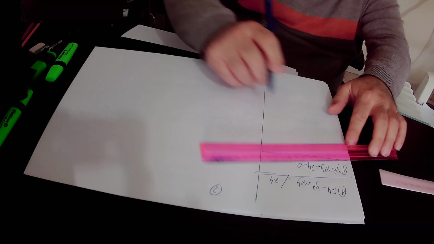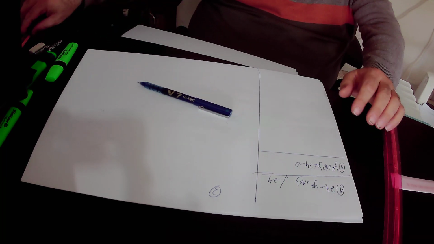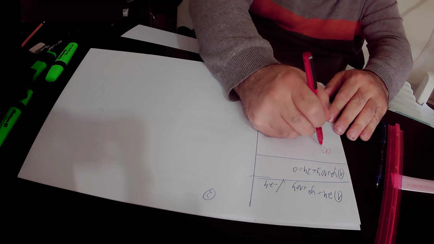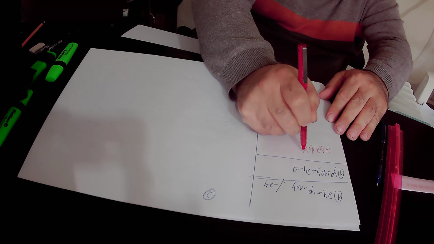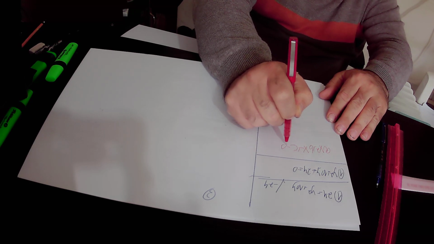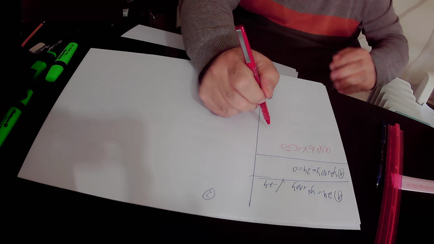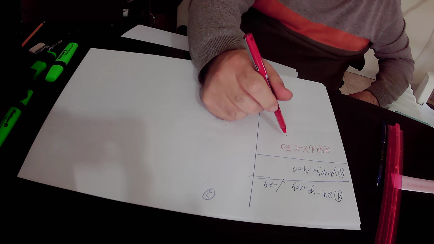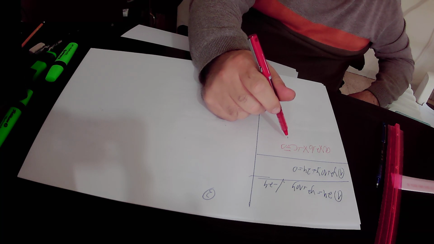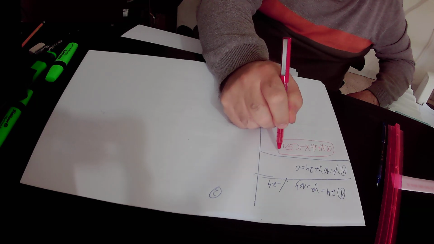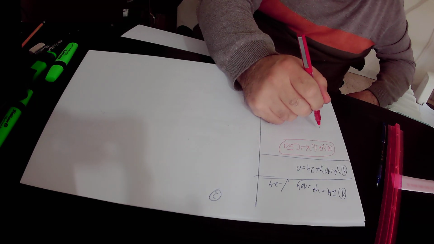So this is a quadratic equation, and the general formula for a quadratic equation is ax squared plus bx plus c equals 0. In this general formula, a, b, and c are the coefficients of the quadratic equation, and x is the variable that we are looking for, and we will find the value of x according to the following formula.